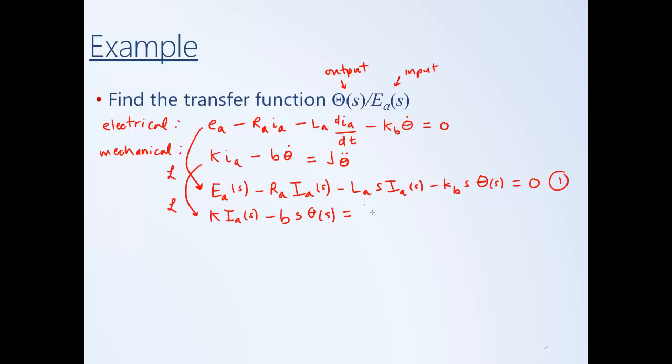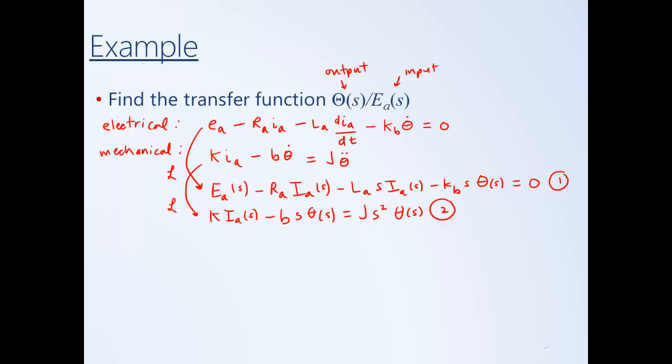And then on the right hand side, J is a constant, and theta double dot, since it's the second derivative, we'll have S squared, one S for each derivative. We'll call this equation number 2. So this was the second step of the process, taking the Laplace transform, assuming zero initial conditions.